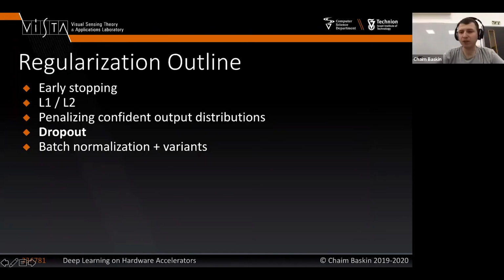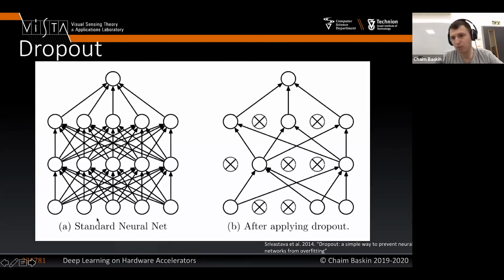Okay, so now let's talk about dropout. Dropout was a common way in the first architectures, when we trained MNIST and CIFAR-10. So how does dropout work? This is a standard neural network, a multi-layer perceptron. After applying dropout, in each layer we randomly remove connections, only on the train set, so we are not changing the model, we are cutting the paths.